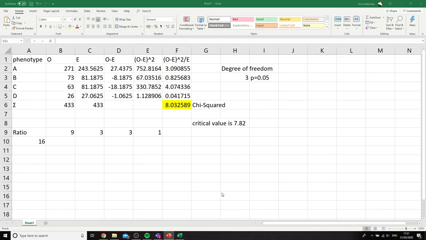Okay. Another reason, and one of the reasons that most definitely will influence the Punnett squares and our observed and the expected, is due to, what's the word I'm looking for? Due to genetic mutation.